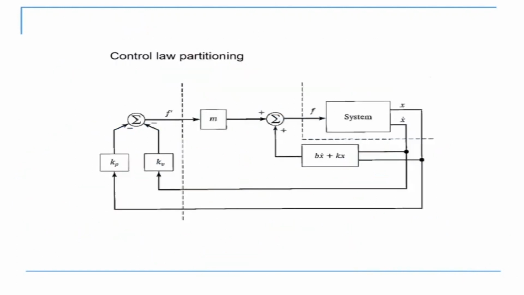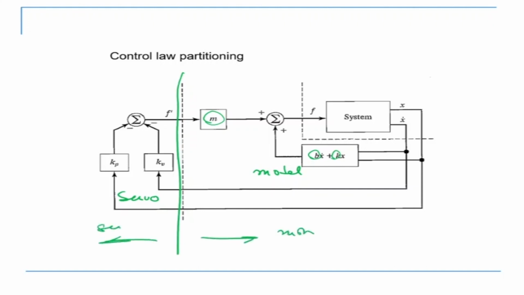In terms of control system diagram, we are drawing it this way. So this is my model part. This is the model side, which contains the mass, which contains B, and which contains K. And this is my servo side, and this is partitioned. Why is it partitioned? Because you can see the model is on this side and servo is on this side.